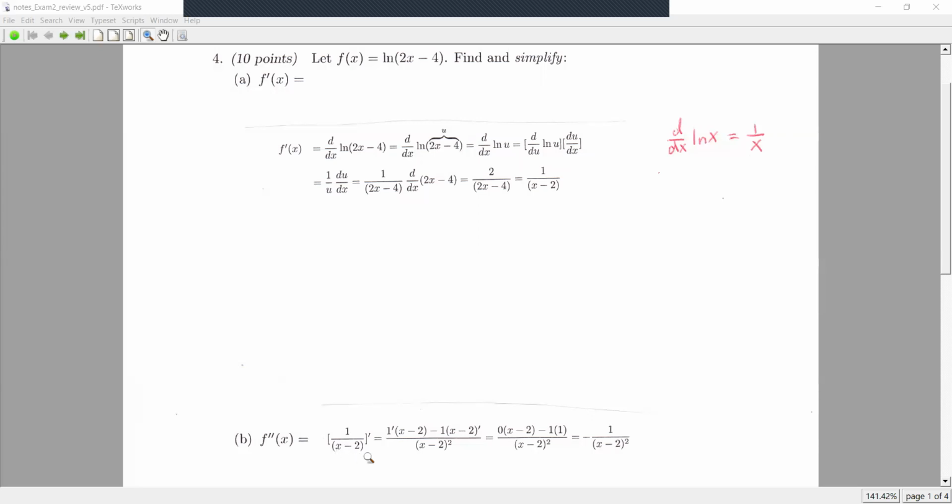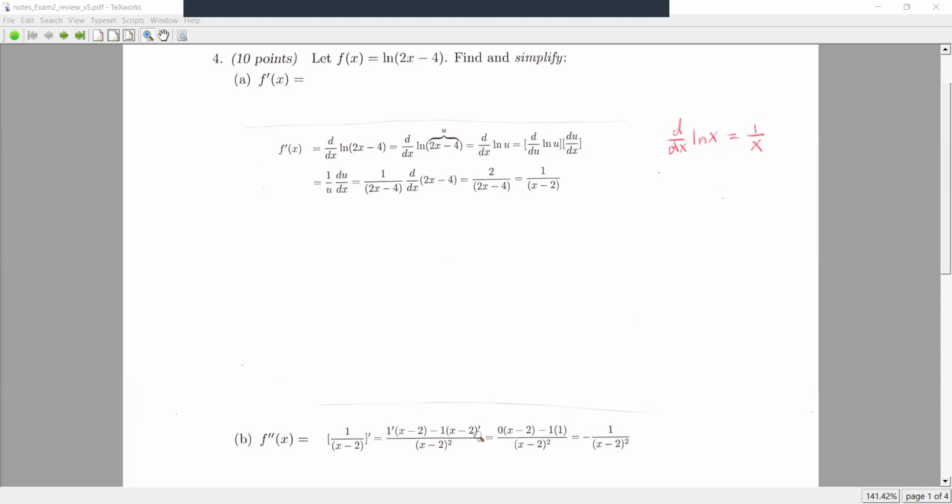By the quotient rule, this derivative is equal to derivative on the top times the bottom minus the top times the derivative on the bottom. Then divided by the bottom square. Derivative of 1 is 0.